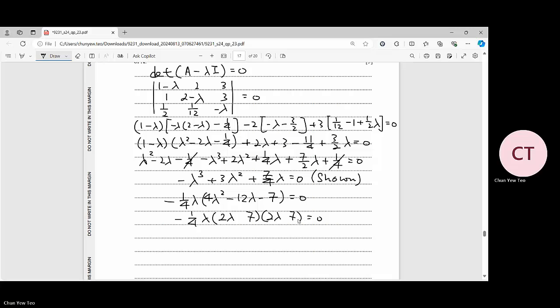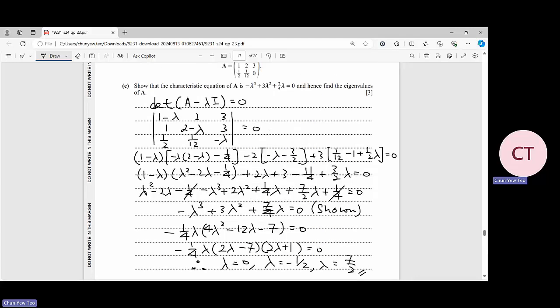Sorry, this one is a 1. So therefore, the eigenvalues are lambda equal to 0, lambda equal to negative half, and lambda equal to 7 over 2. These are all the eigenvalues.